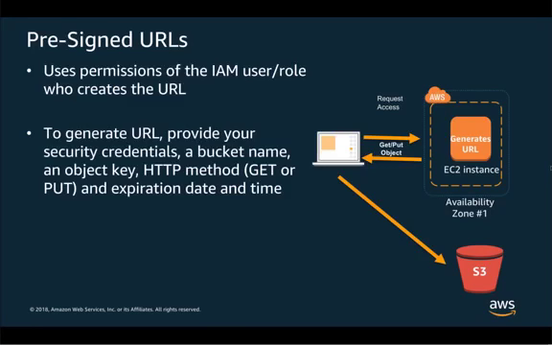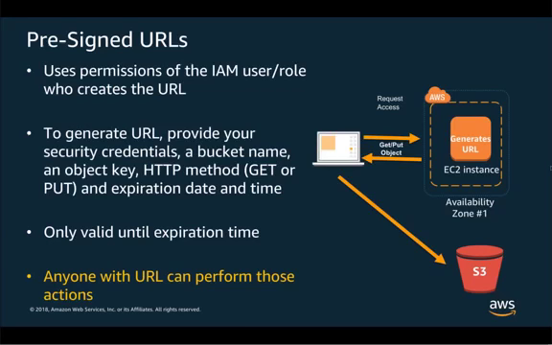Now, pre-signed URLs are useful if you want your users or customers to be able to upload specific objects to your bucket, but you don't require them to have AWS security credentials or permissions. So you generate a URL, you provide your security credentials, a bucket name, the object key, the HTTP method, and you also provide an expiration date.